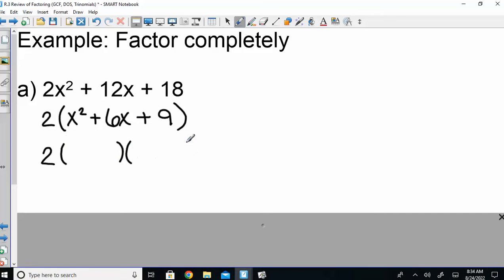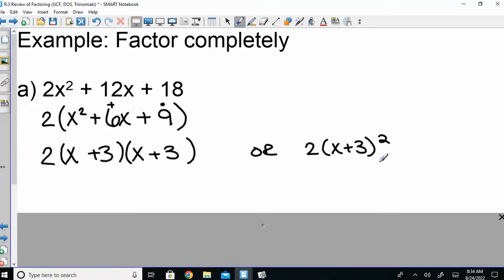Now we can do the shortcut here, the easy method. Okay, so what would multiply to 9 and add to 6? So we would just write it as 2 times the quantity x plus 3, squared. Yes, I will take it either way. They are equivalent, so however you would like to write that.